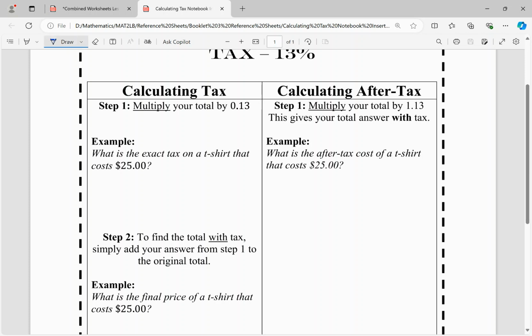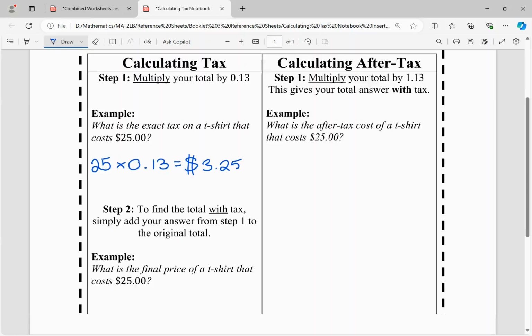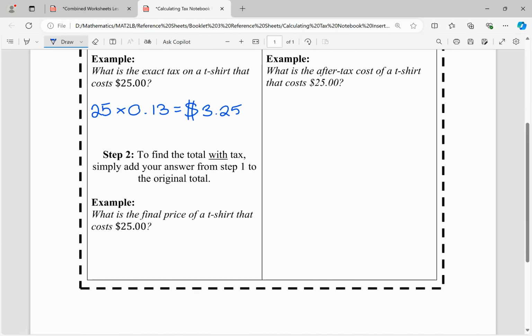Well, 25 times 0.13 is equal to $3.25. That's the extra money that I'm paying for tax.